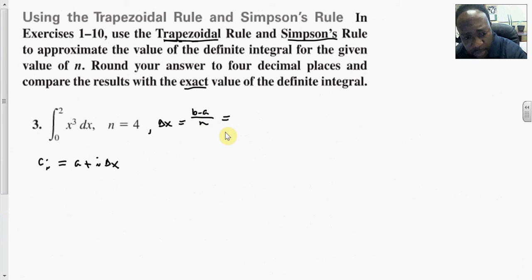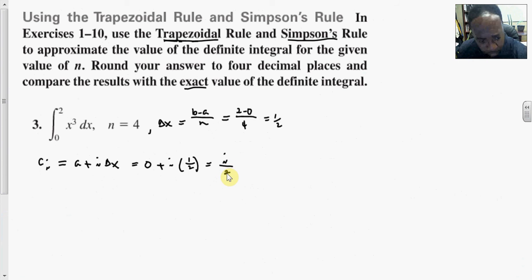Well, we know all three terms. This is 2 minus 0 all over 4, since n is given to be 4. So we get 1/2. So our c sub i, with a equal to 0, is 0 plus i times half. And so the c sub i that we picked to approximate x sub i would be i over 2.